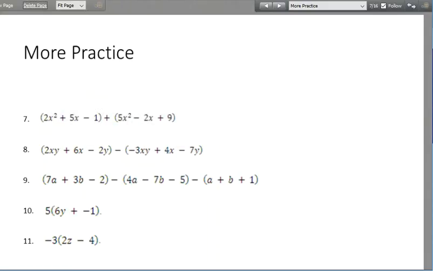What I want you to notice here is that there is a minus sign in front of this parenthesis. So whenever you have a minus sign in front of a parenthesis, it gets distributed to all of the terms inside the parenthesis as if it were like a negative 1, okay?